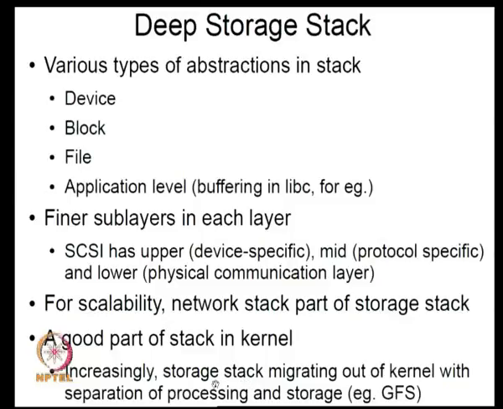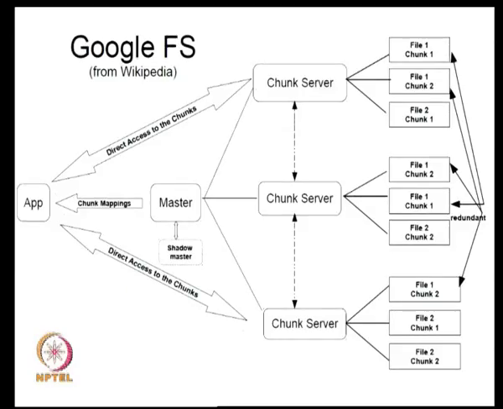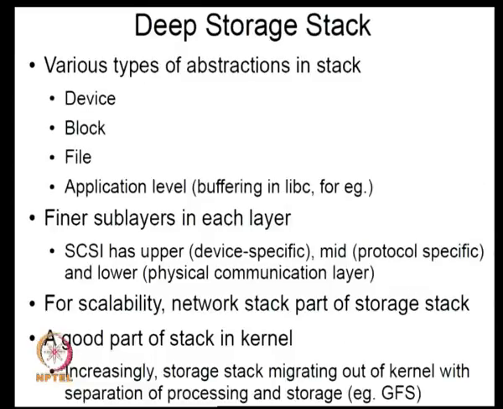One way is by sitting on top of it, like the Google File System, and this will be done through Python scripts, whatever. They can do all kinds of things on top of it. There are various languages available now: Java, Python scripts, whatever, which coordinate across these things. So this is slightly easier. The storage stack is migrating out of the kernel with separation of processing and storage.